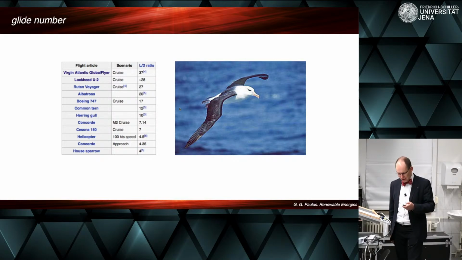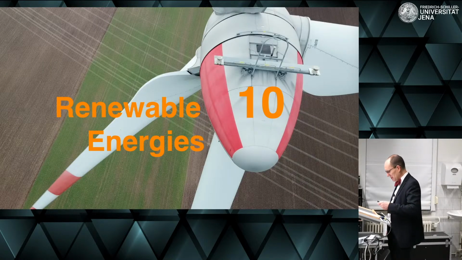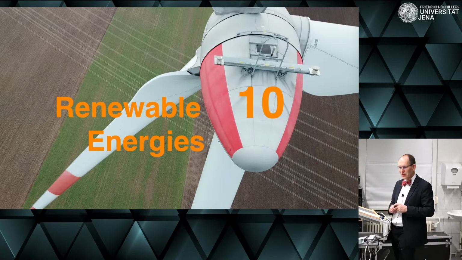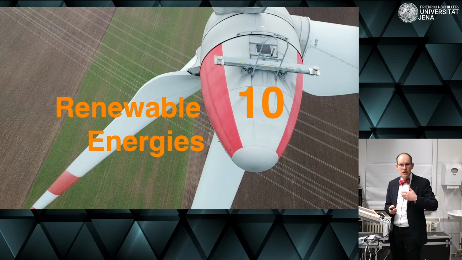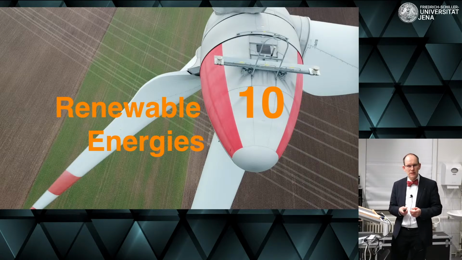Okay, so these are a few typical examples, and these blades are of course optimized for large glide number, and they achieve something like 40 or so. And of course, if you have a glider plane, then they also optimize it for very high glide number, probably even larger than the one that I cited. And they do everything so that this glide number is maintained.